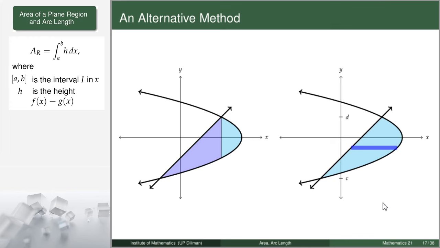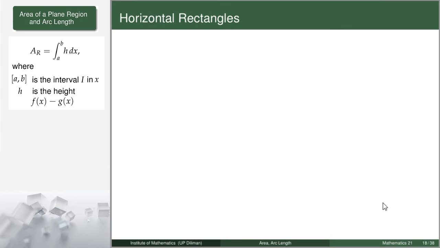This type of analysis is similar to what we have before, but a counterpart to the vertical rectangle case. Instead, we're going to be analyzing this using a horizontal rectangle. Now, what is this horizontal rectangle?